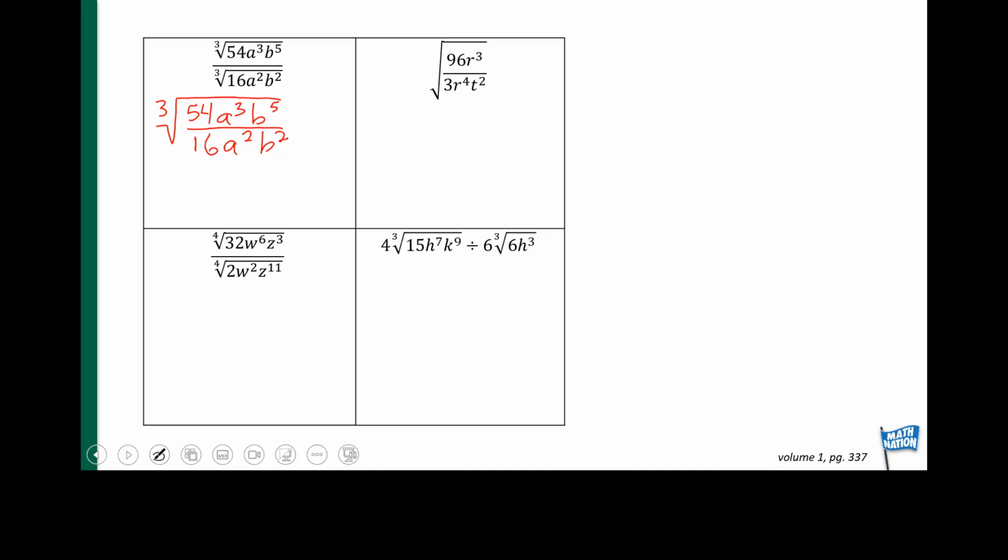Let's grab our calculator here. So I'm taking 54 divided by 16, or finding the greatest common factor of 54 and 16.